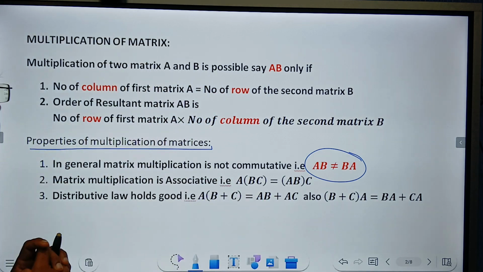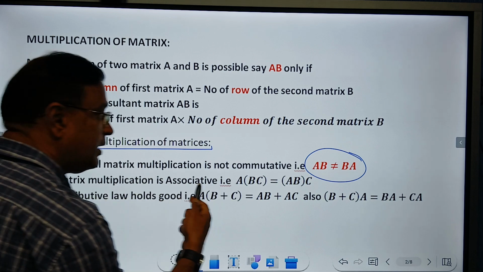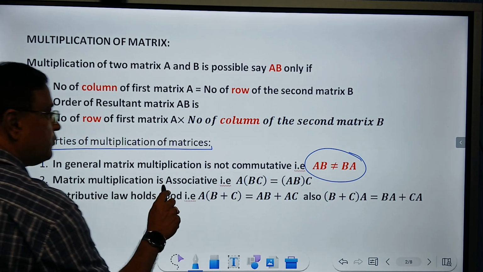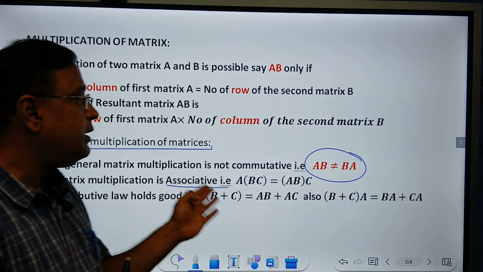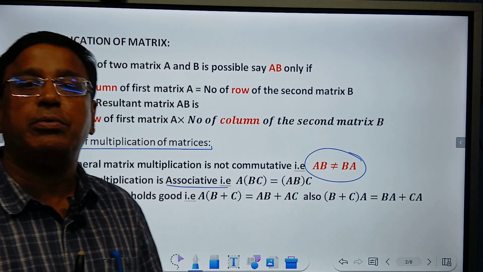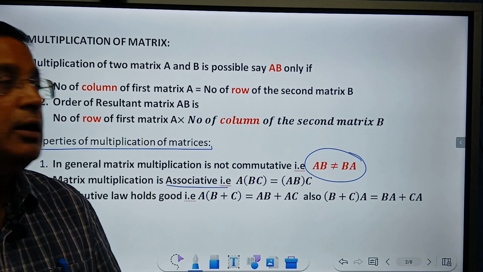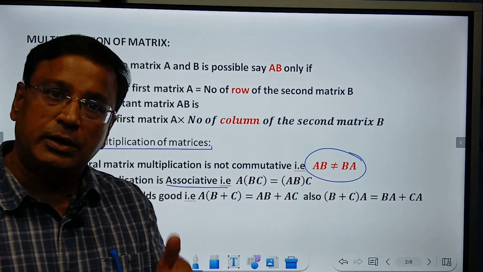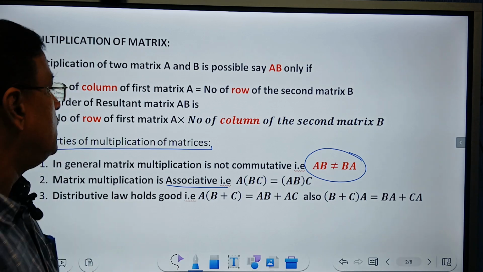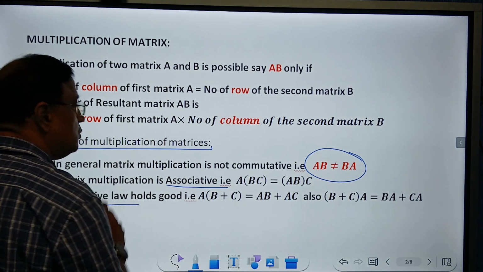Whereas the associative property, A into BC equal to AB into C, holds good. The commutative property is not satisfied. The associative property holds good. The distributive property also holds good.